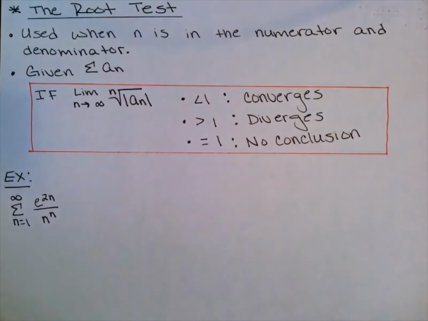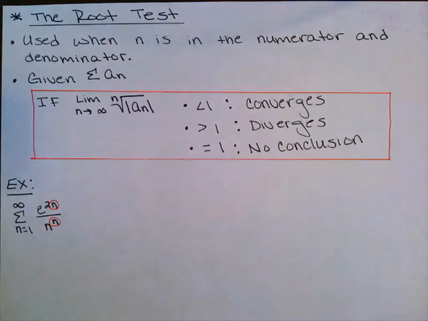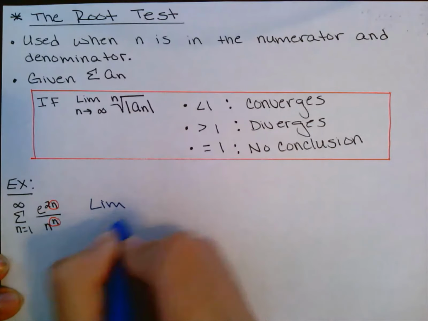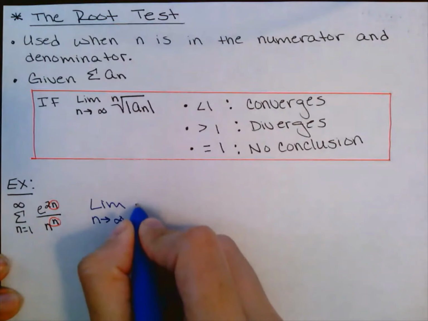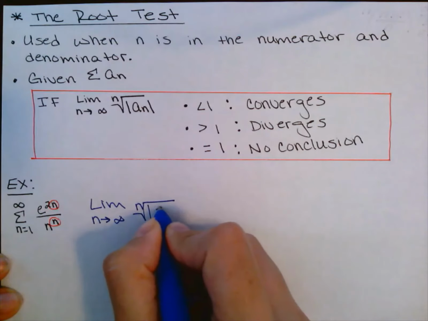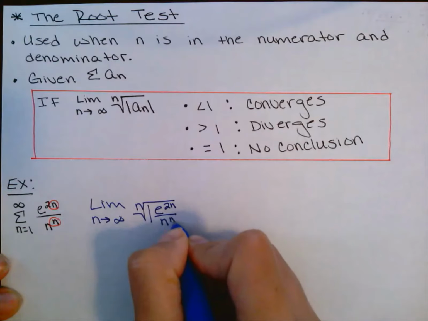So if I look at this first one, the fact that I have this n in the numerator and in the denominator, it means I can do the limit as n approaches infinity of the nth root of the absolute value of the original expression.